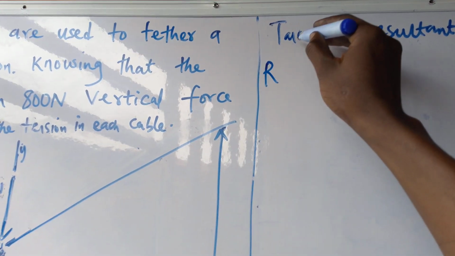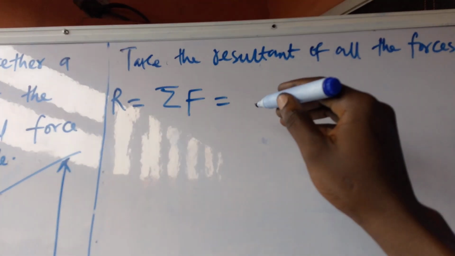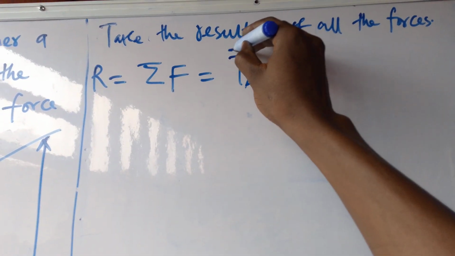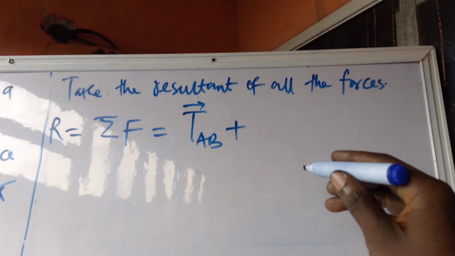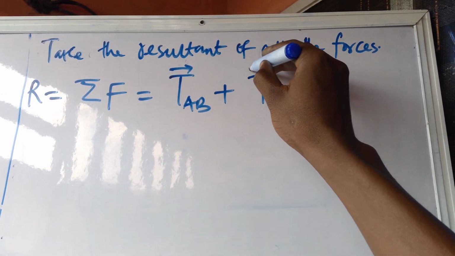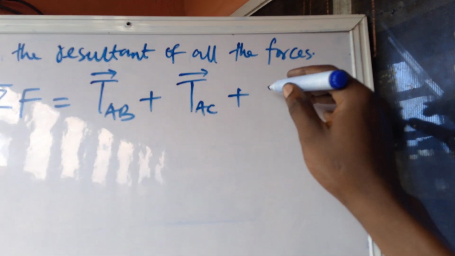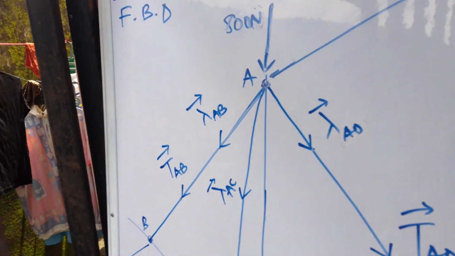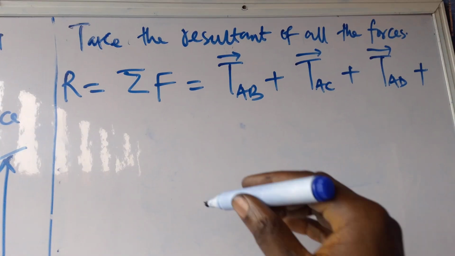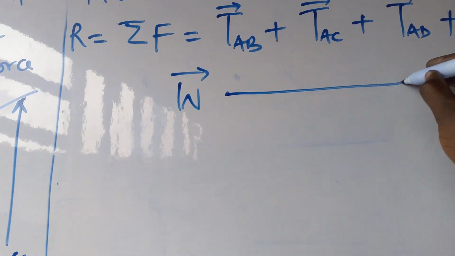So the resultant will be equal to sigma F, which is equal to, I'll take the first one, vector force TAB, plus vector force TAC, plus vector force TAD, plus the weight acting at point A, which I can call equation 1.